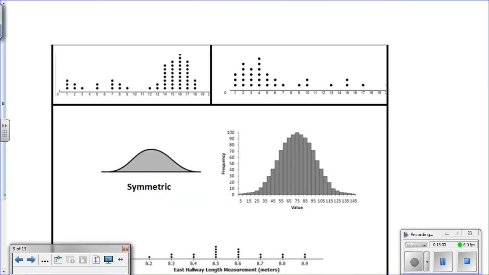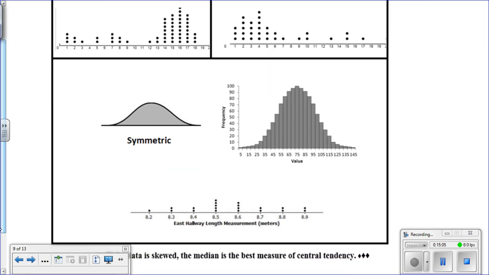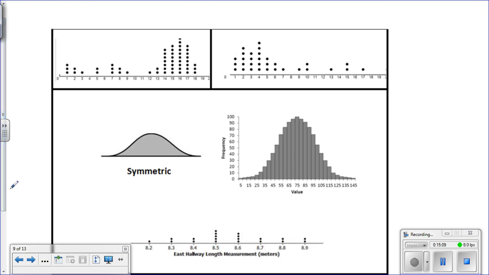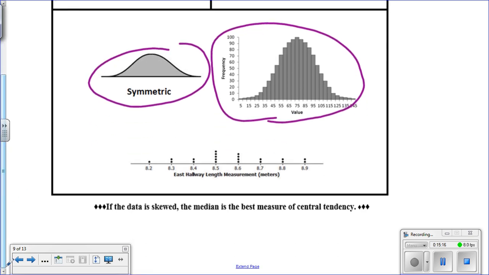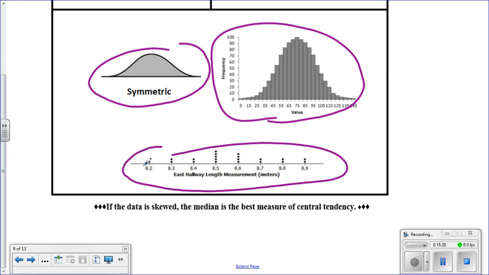So now let's take a look at something that would be symmetric. Okay, so now if you have a shape that looks something like this or something like this, we're going to say that these are symmetric. This is also another image. Here we have a dot plot here, and this is symmetric.